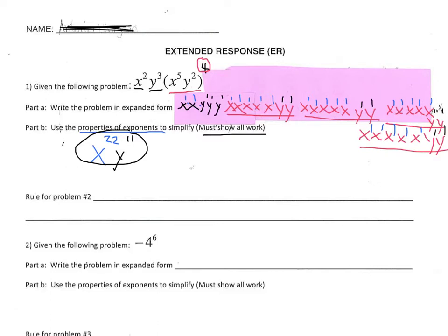Now, for problem 2, you want to look at problem 2, and that's a negative without parentheses. So a negative without parentheses really means a negative 1.